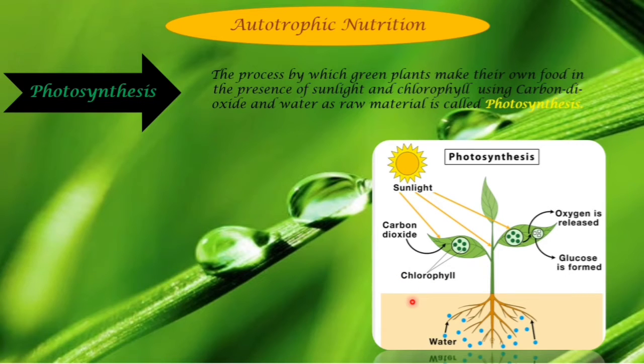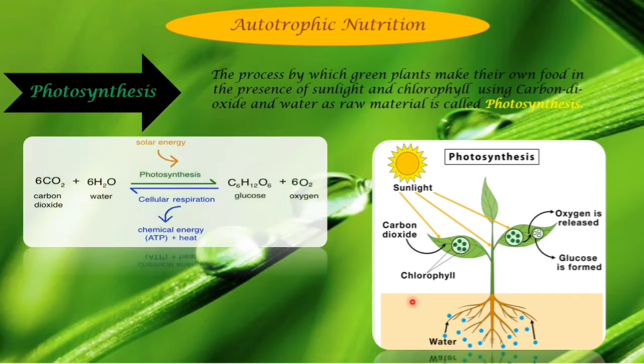The equation for photosynthesis is like this. The molecular formula: carbon dioxide CO2 plus water H2O, in the presence of sunlight and chlorophyll, gives glucose C6H12O6 plus oxygen. It is a balanced equation, so the number 6 here is balanced.